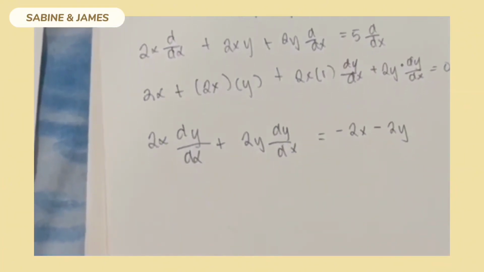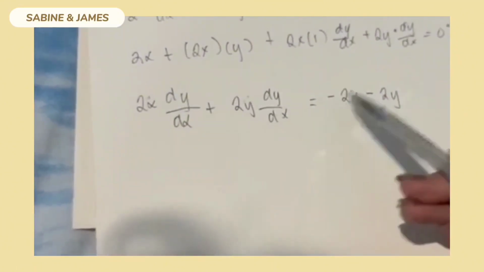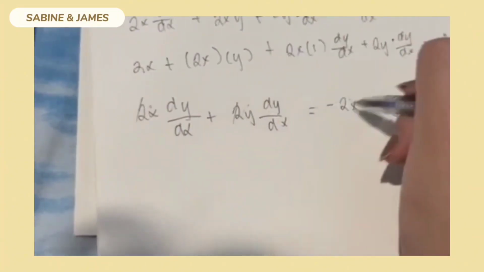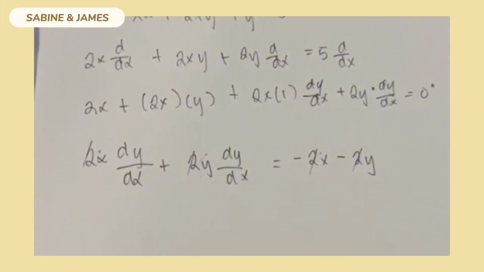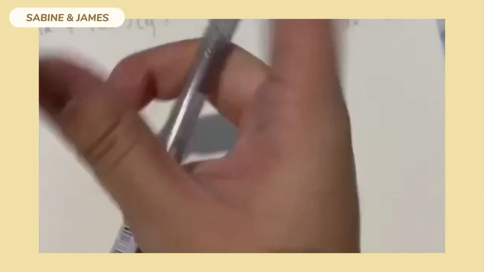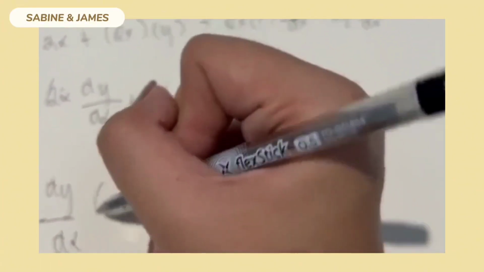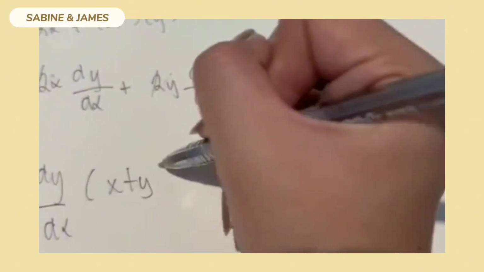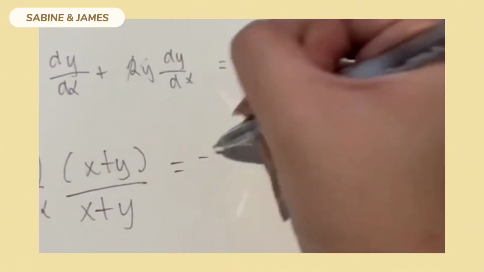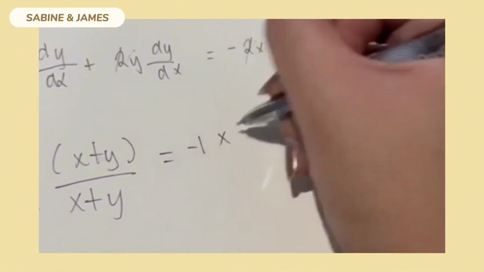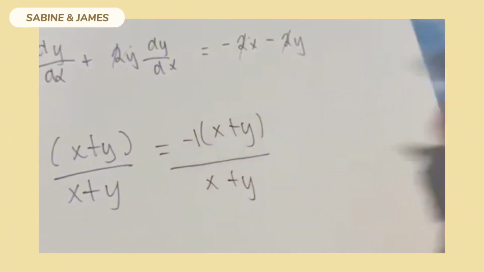Now that we have moved it, let's cancel the number 2. For the next part, we have to factor out dy over dx. x plus y over x plus y equal to negative 1 x plus y over x plus y.